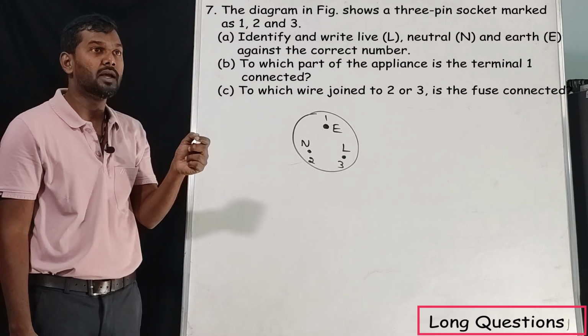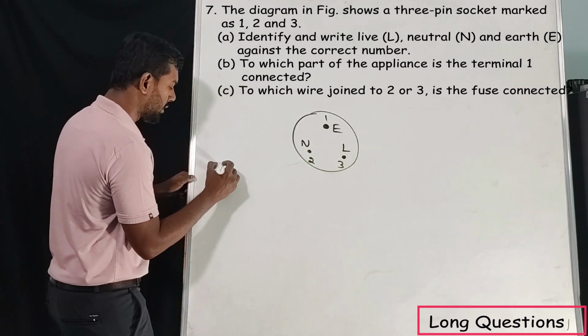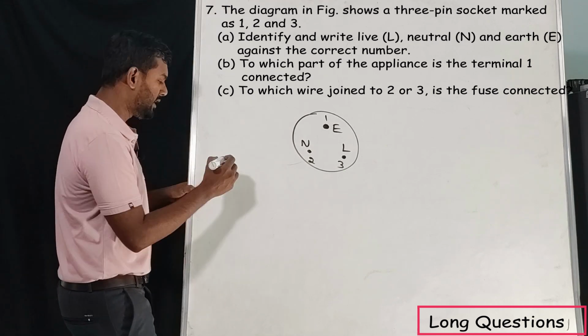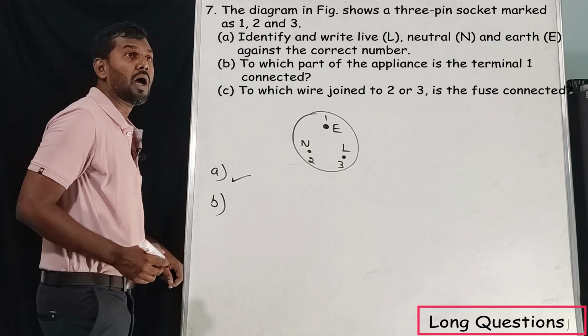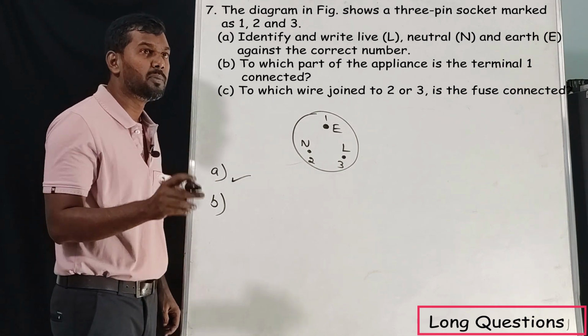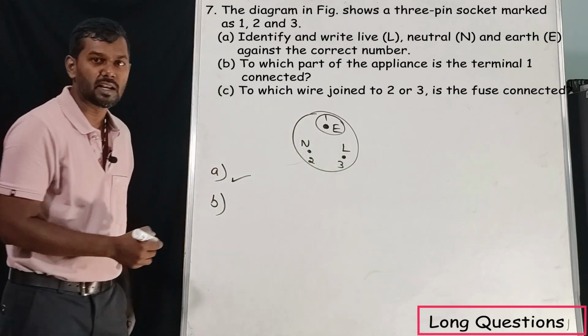To which part of the appliance is terminal 1 connected? What is terminal 1? A is done, right? A is the labeling, that is done. B, to which part of the appliance is terminal 1 connected? That is the earthing connection.